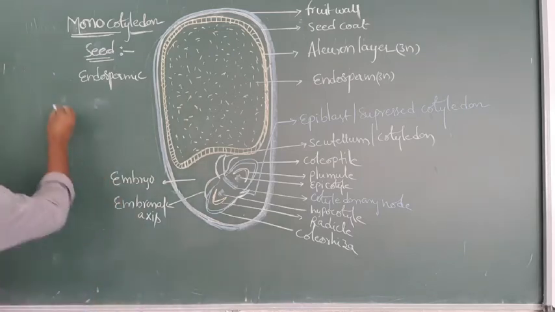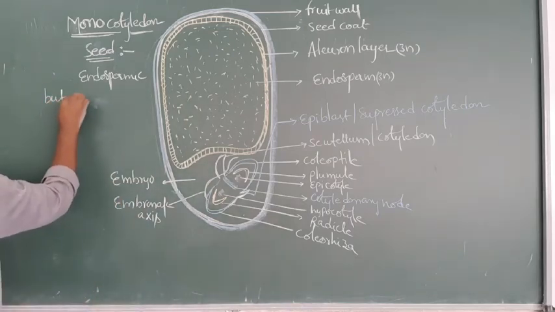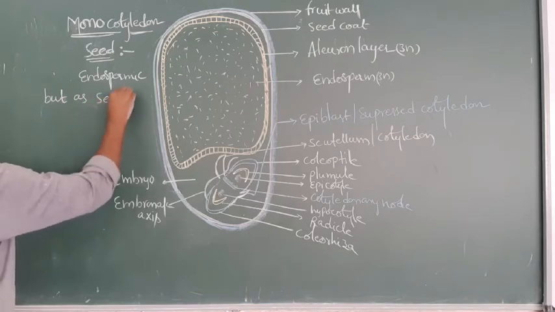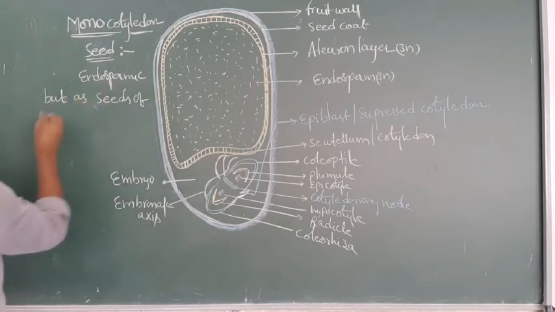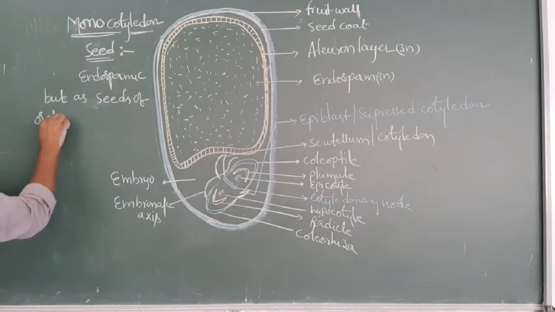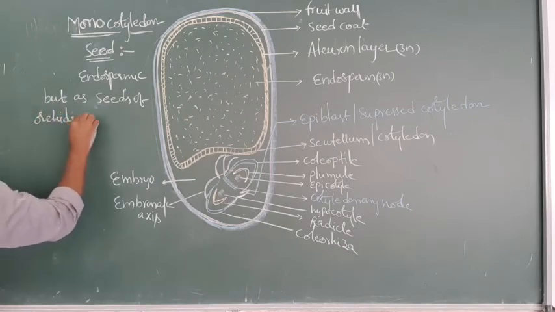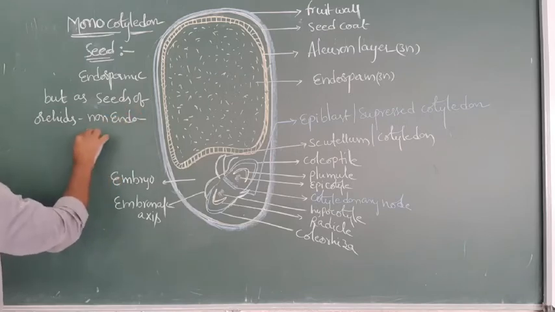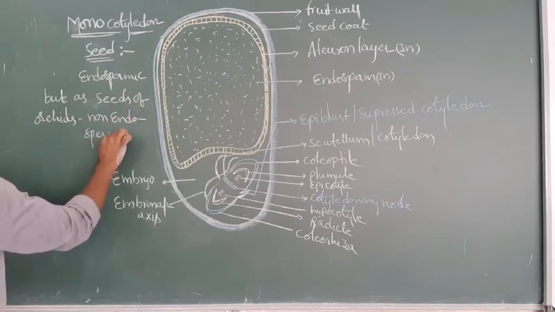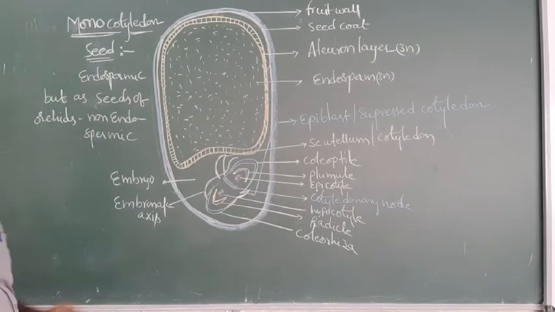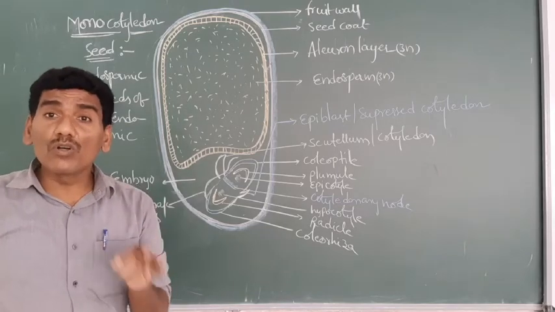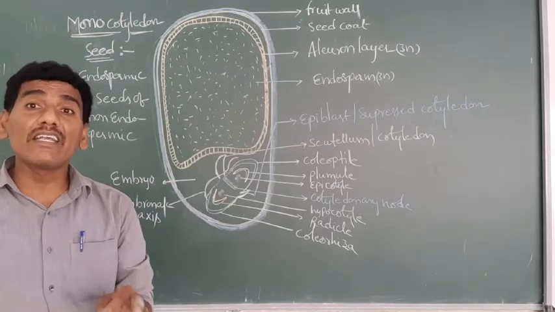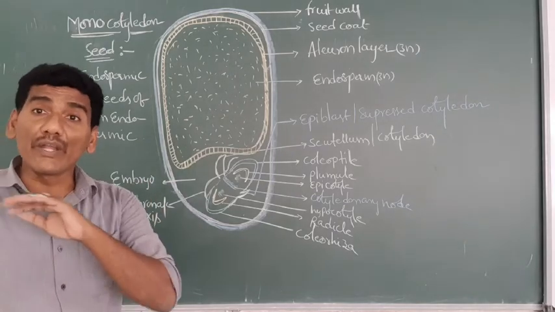But seeds of orchids are non-endospermic. Orchid seeds are monocotyledon seeds, but inside orchid seeds there is no endosperm.